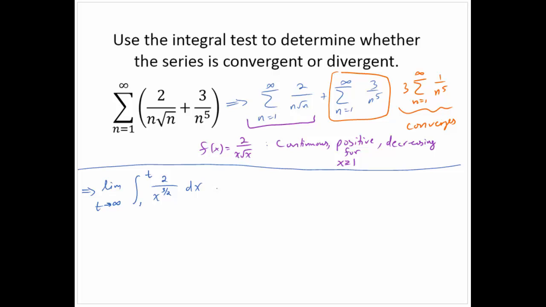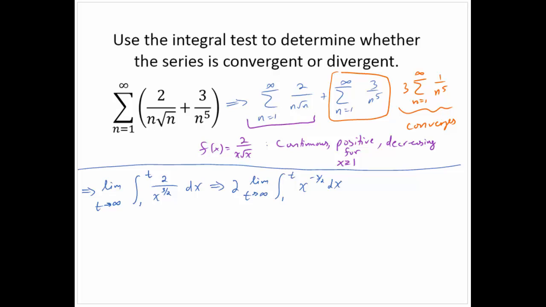I can bring the 2 outside the integral and the limit, so that's 2 times the limit, t approaching infinity, integral 1 to t, and I can write this as x to the negative 3/2 dx.